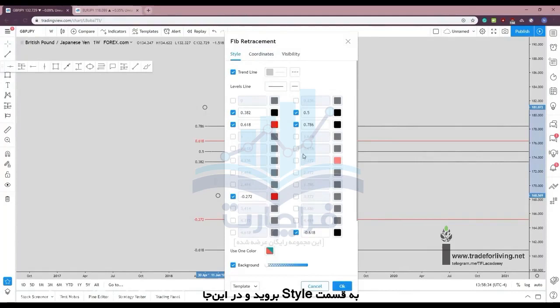On style, these are the only Fibonacci levels that you need: the 0.382, the 0.618, the minus 0.272, the 0.5, 0.786, and minus 0.618. These are the only Fibonacci levels that you need.